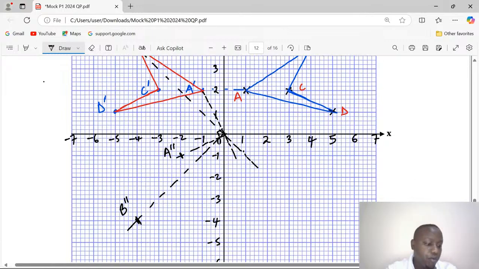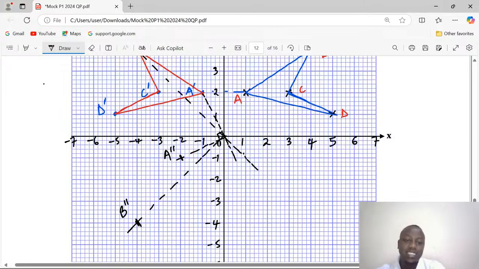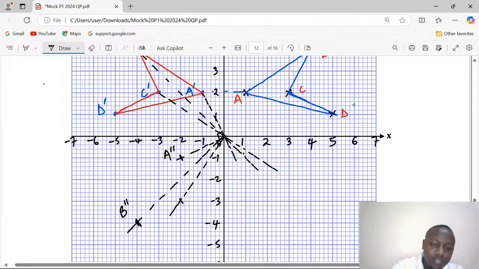B double prime. The other one is C, then D. So C joined to the center, then we measure 90, we move an equal distance. Then our C double prime shall be found there.